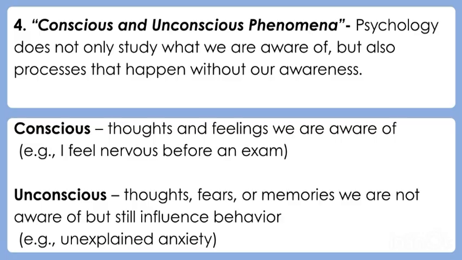Unconscious means you are not aware, but it still influences behavior. You don't know the reason behind your fears and thoughts, for example, unexplained anxiety. There are times that we cannot explain why anxiety happens to us.